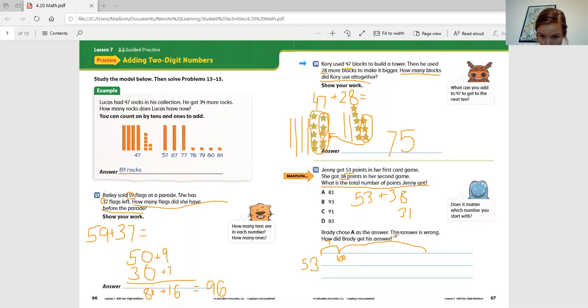Let's count up from 60: 60, 70, 80, 90. And then I have 1 left over, which is going to put me at 91, which is option C. There we go. Did you get that problem that way too?